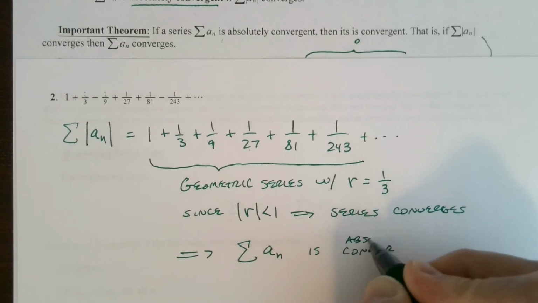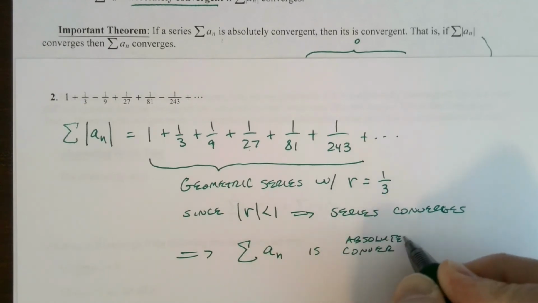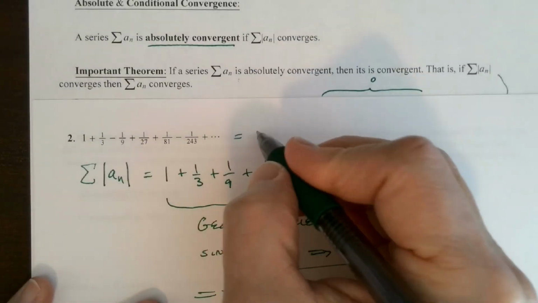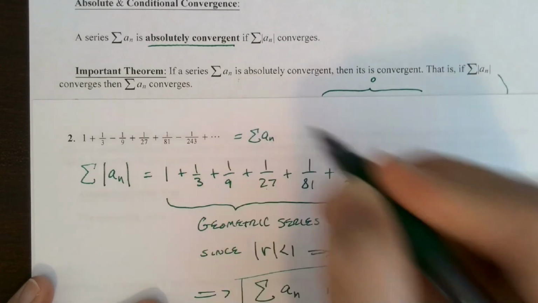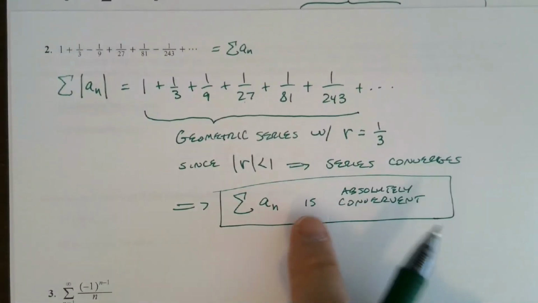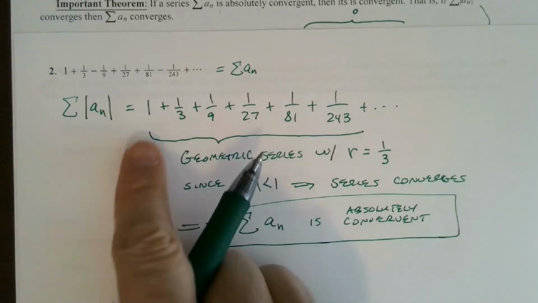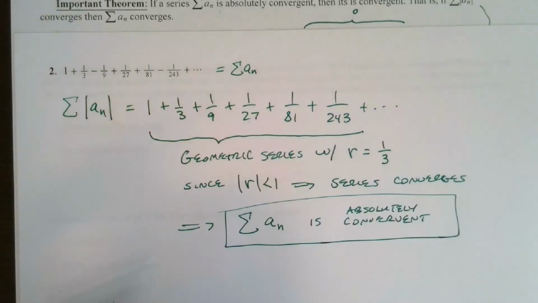Absolutely convergent, and hence convergent. Okay, so we'll just call this a sub n, so that's what we're talking about. So that series is absolutely convergent again by this theorem. Pretty powerful again. So if you got some negatives in there, we can deal with that.